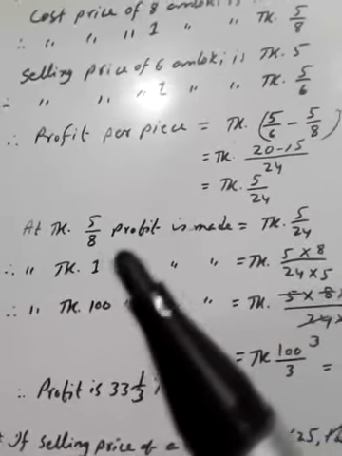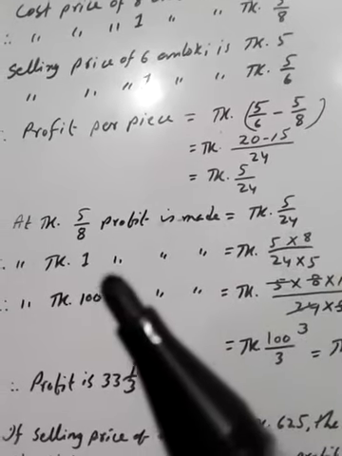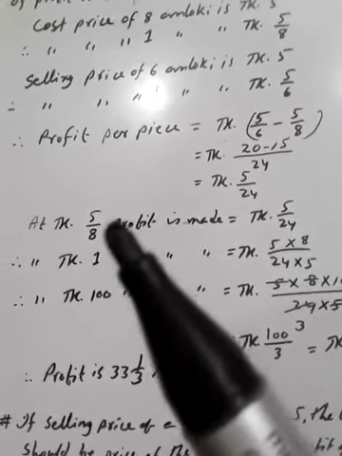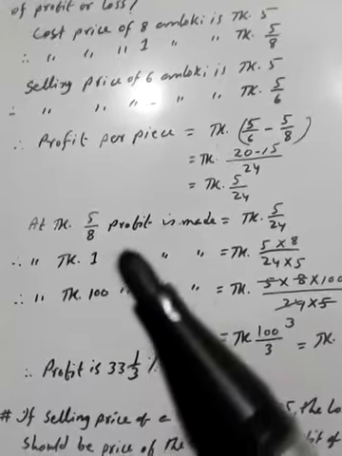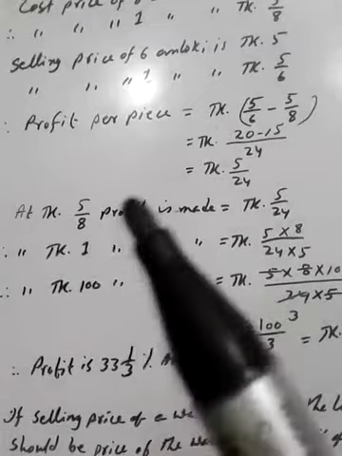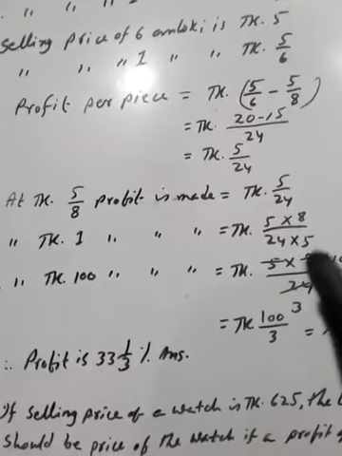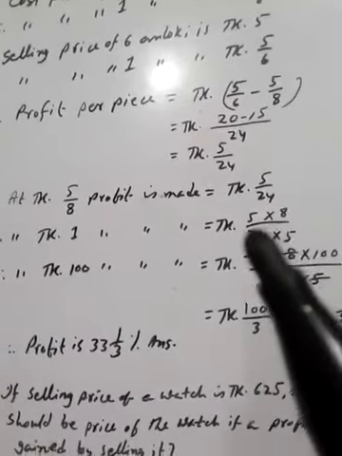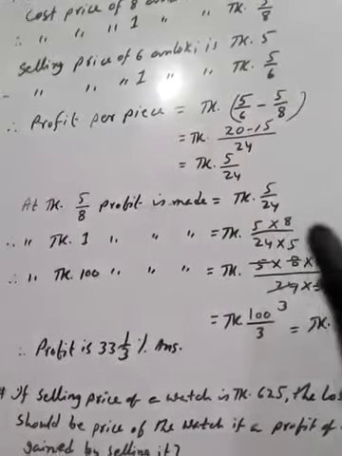On 5 by 8 taka, a profit of 5 by 24 taka is made. On 1 taka, what profit is made? 1 is greater than 5 by 8, so the profit will be higher, and in a fraction the bigger one will go up. 8 is greater than 5, so 8 will go up and 5 will come down: 5 by 24, then this 5 by 8, with 5 coming down and 8 going up.